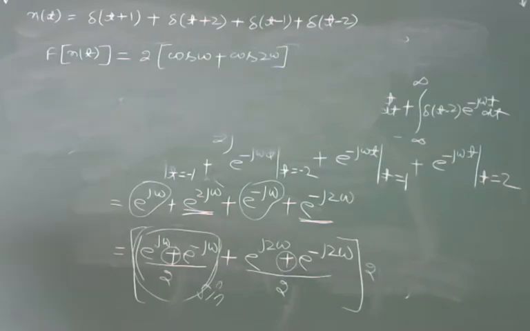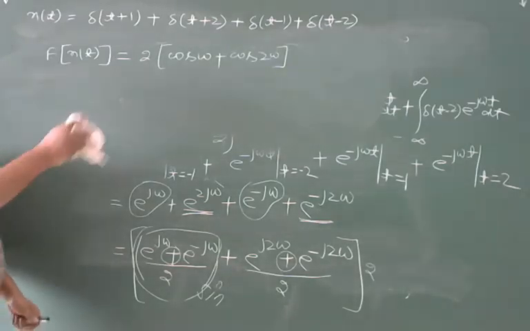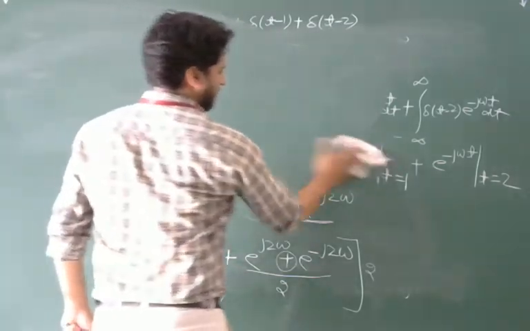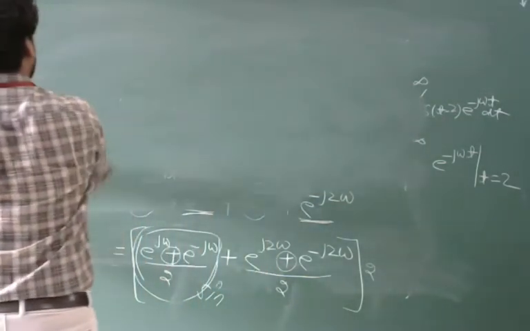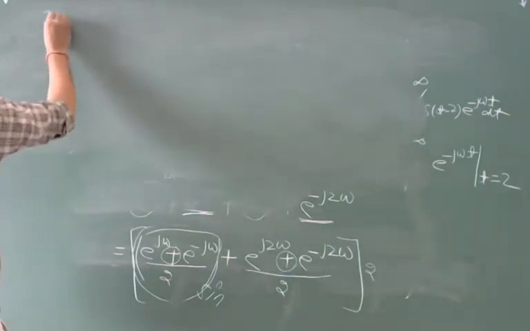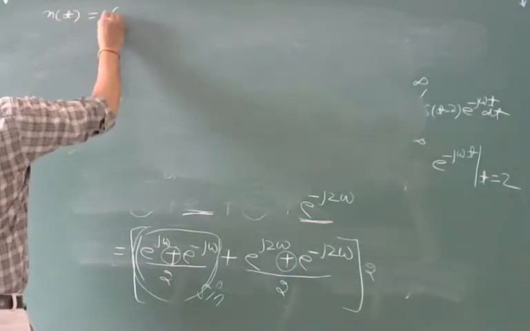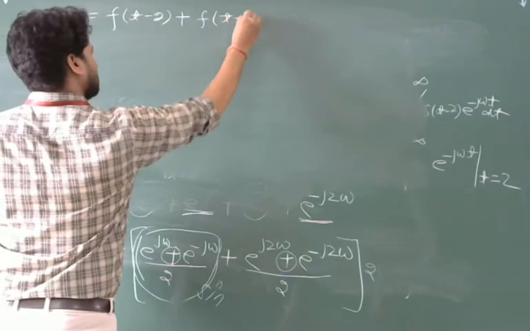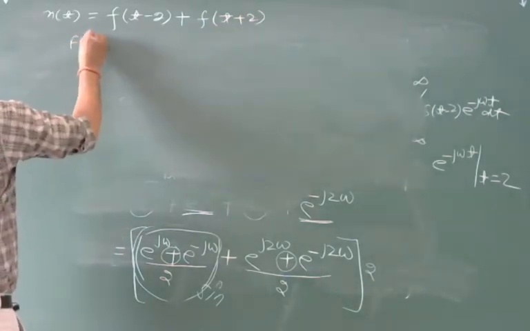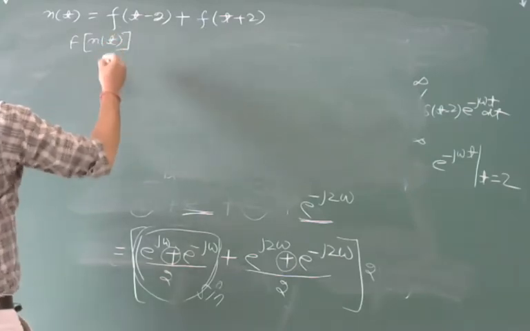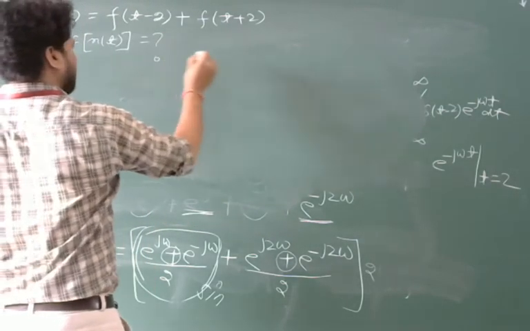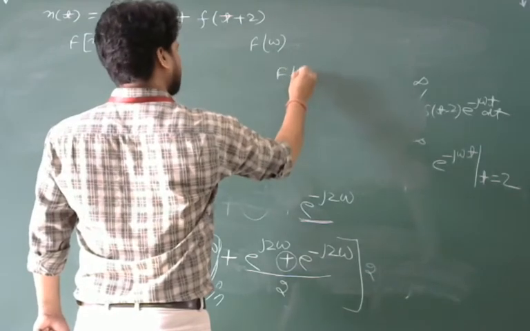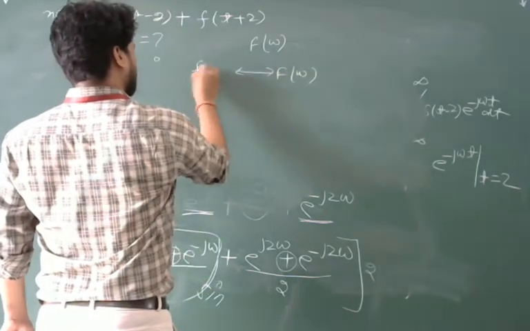In the same way, suppose there is a function, suppose x(t) is given as f(t−2) + f(t+2), and I have to get the Fourier transform of x(t) in the form of capital F(ω), where F(ω) is the Fourier transform of f(t).